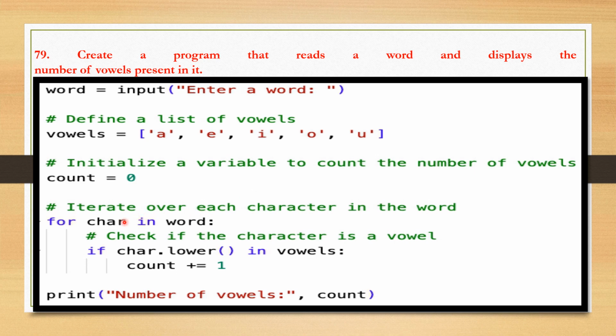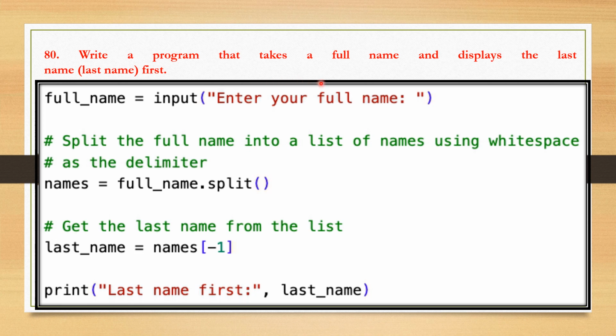First, it checks the lowercase version of that character. If the character is a vowel, the count variable is incremented by 1. After iterating over all the characters in the word, the program prints the number of vowels using the print statement.